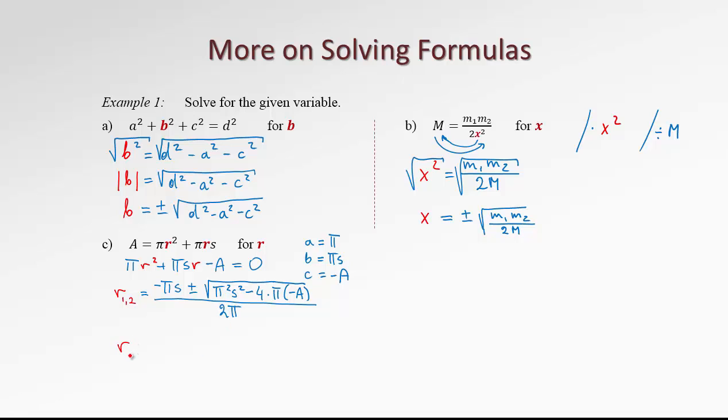Okay, therefore our r, r1 or r2, equals, and let's see if there's anything to simplify in this root. Well, not really, because there's no perfect square common factor. The only thing that we could do is to combine these two signs as a plus. So we have negative pi s plus or minus the square root of pi squared s squared plus 4 pi a over 2 pi, and that's our final formula.